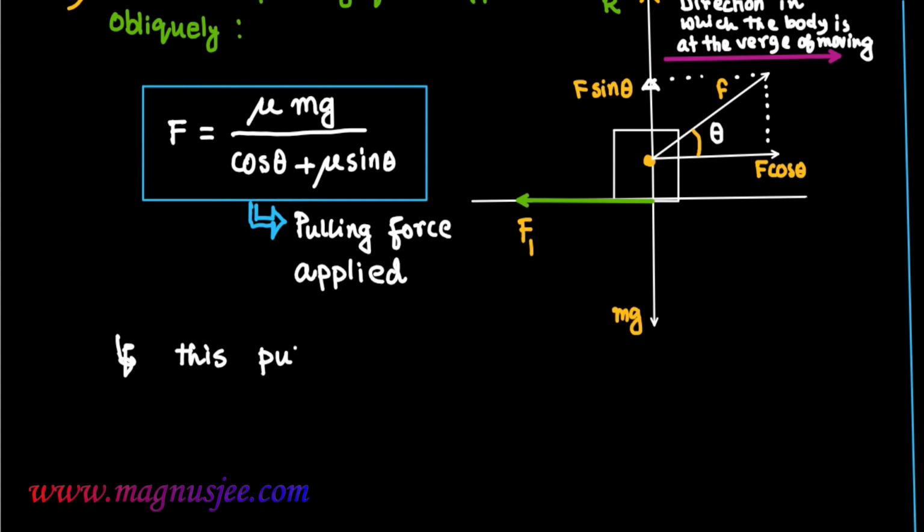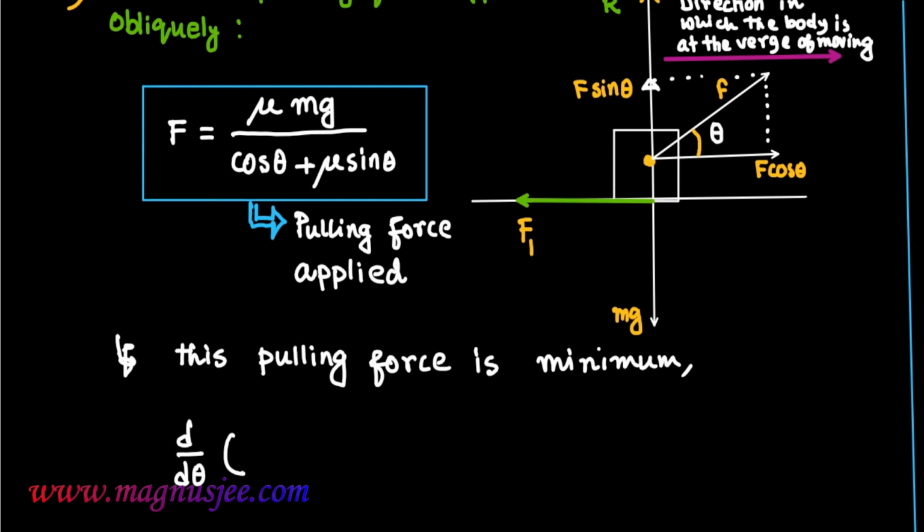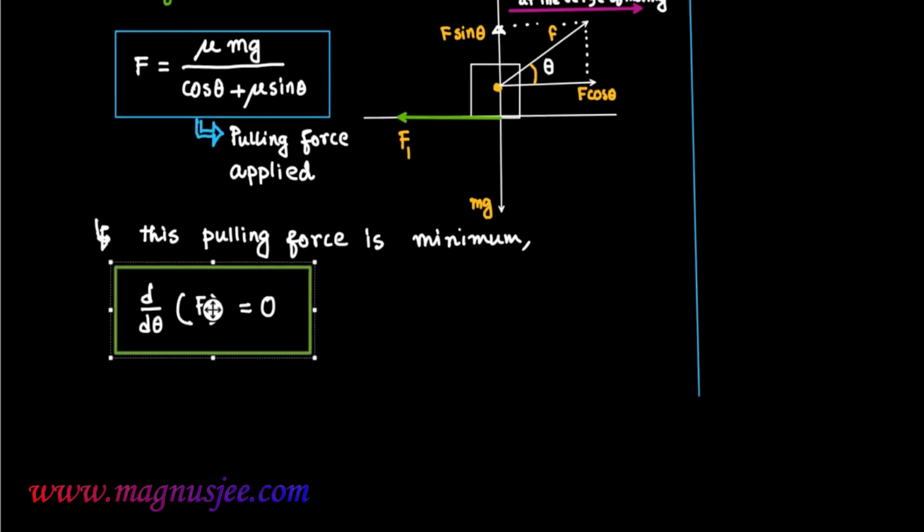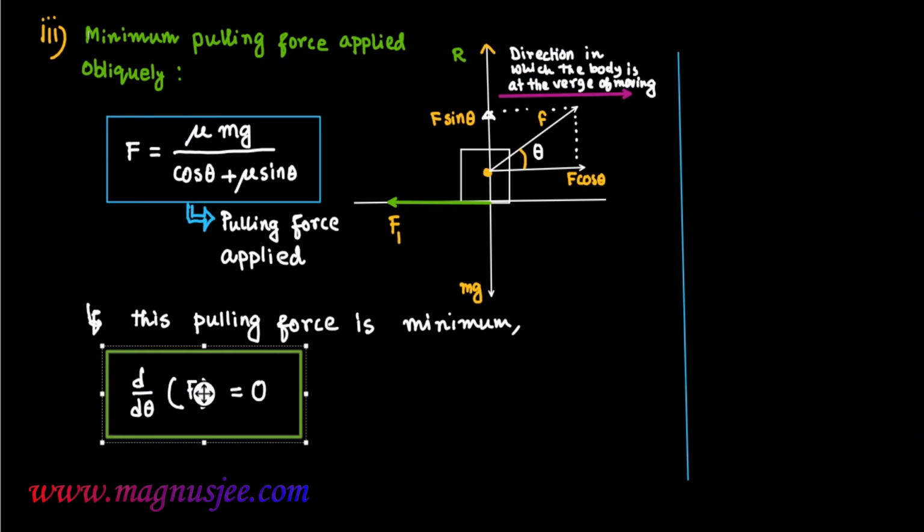And if this pulling force becomes minimum, then dF by d theta will be 0, because if F is minimum, it will be constant. That's why differentiation of this pulling force with respect to the angle at which the pulling force is applied will be 0.